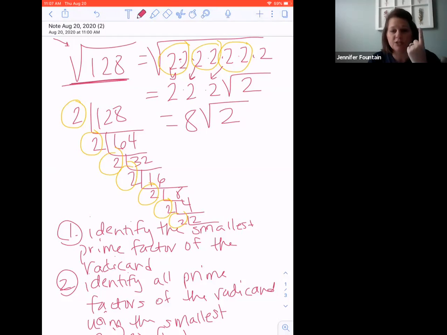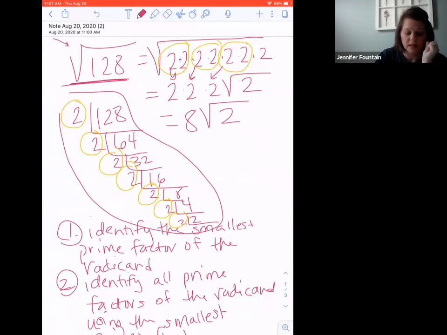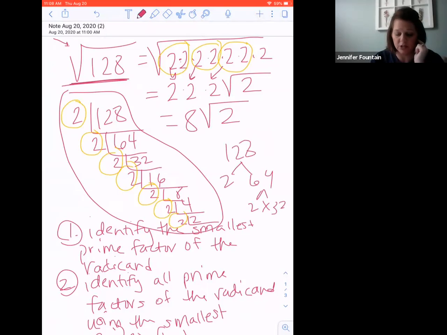Okay? The first thing I did is I started listing my prime factors. If you need to use the ladder method, or if you want to use your factor tree where you do 128 and you break it down, you've got 2 times 64, which is 2 times 32, and so forth. You can factor tree it, whatever you need to do, but what you've got to do is list it as prime factors.